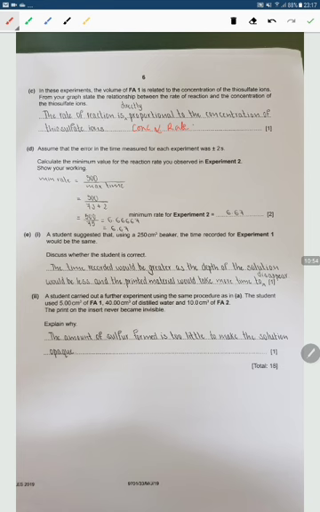Part D, calculate the minimum value for the reaction rate. Now, if you are looking for the minimum value for reaction rate, you are going to look for the maximum reaction time, as the candidate pointed out clearly there. So that was very good. From the table, the maximum reaction time was 73 seconds.